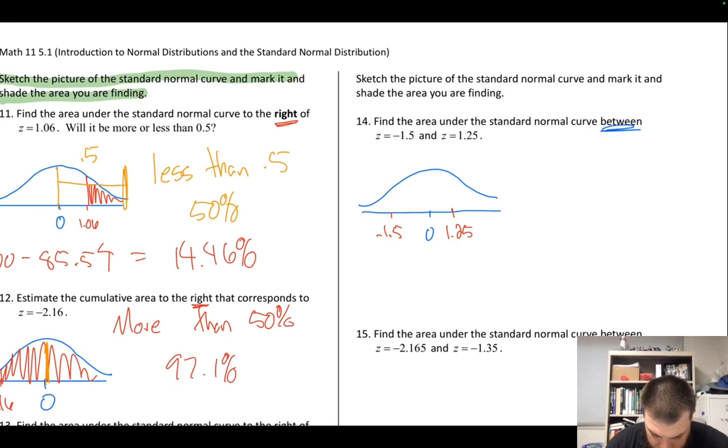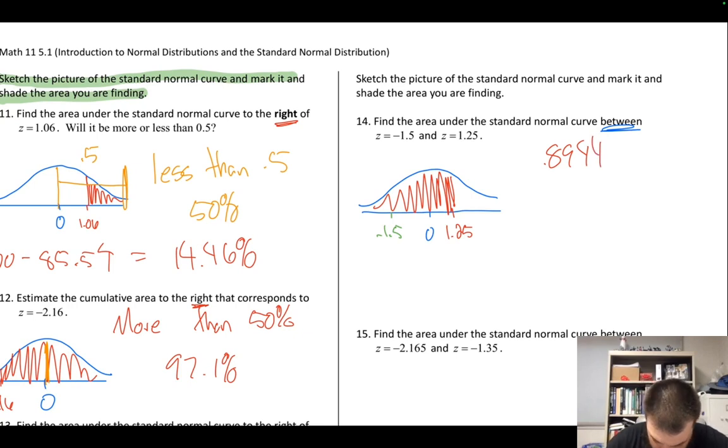All right, and I'm going to change the color here. Okay, so what we're looking for is, first we got the 1.25, which is that, and we found that to be 0.8944.